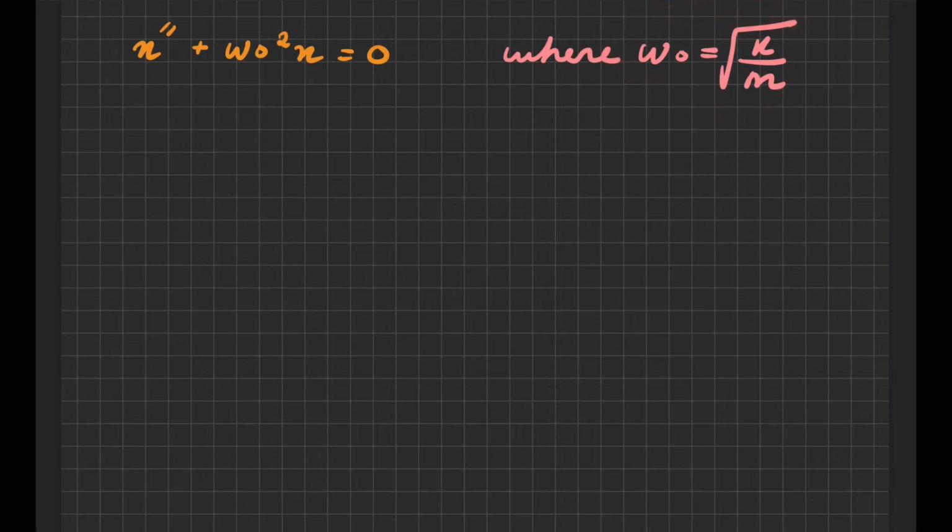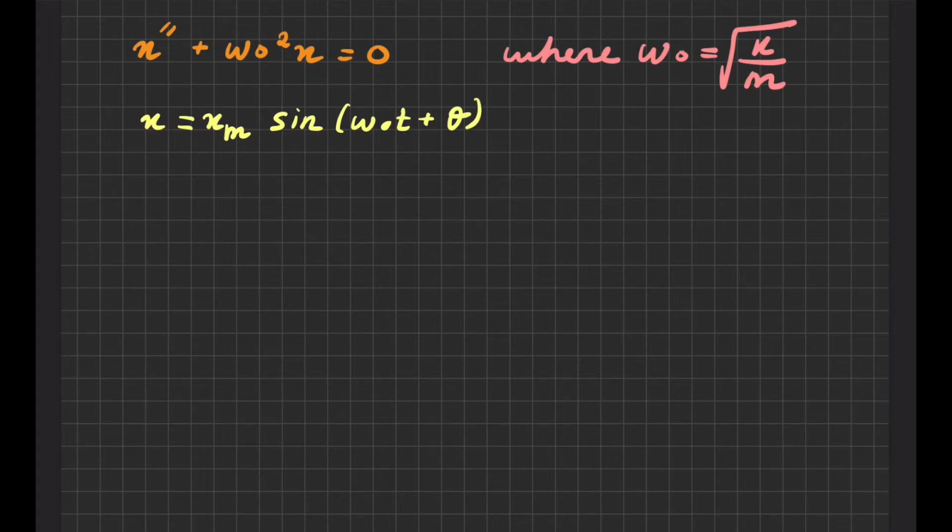The solution of this differential equation is given in this form: x equals xm, which is the displacement or the shift of the spring, it's a constant, sine omega 0 t plus theta.